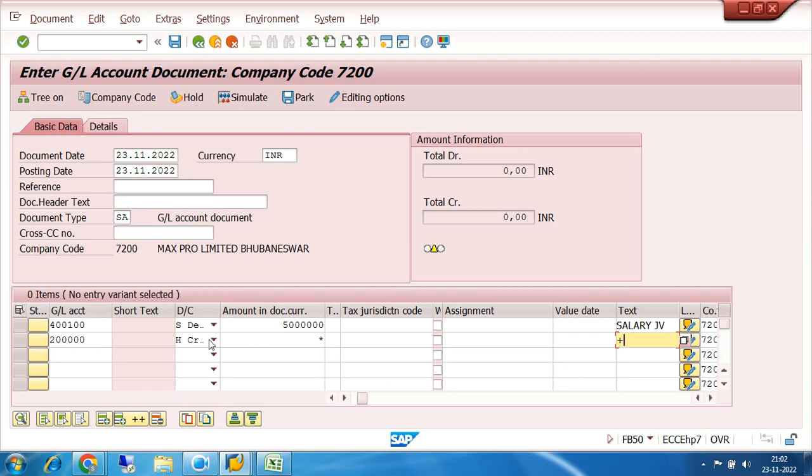Because you know that if the debit part is cost center department X, then automatically the credit part is also cost center department X, or if the debit part is profit center department X, automatically the credit part is also profit center department X, right? So in this case, the baseline profit center will be automatically copied here.